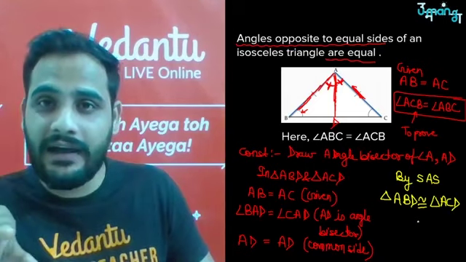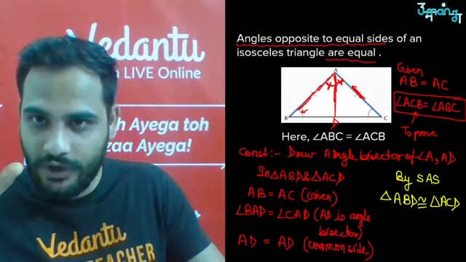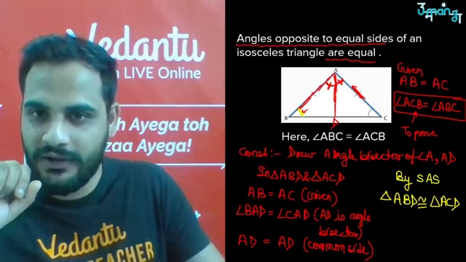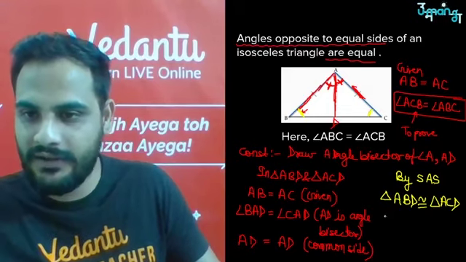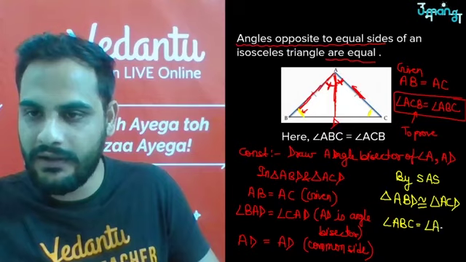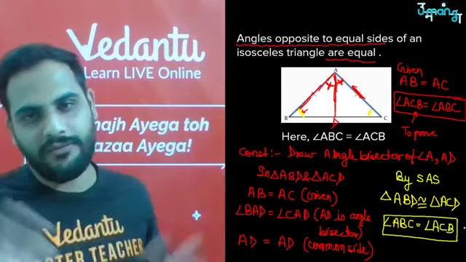And if they are congruent, by CPCT, once I have got that these two small triangles are congruent, the corresponding parts will also be equal. So angle B will be equal to angle C. I can say angle ABC is equal to angle ACB. That's it, a small proof, a very important proof.